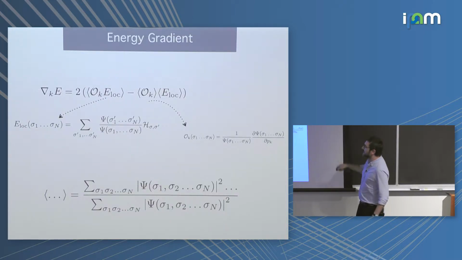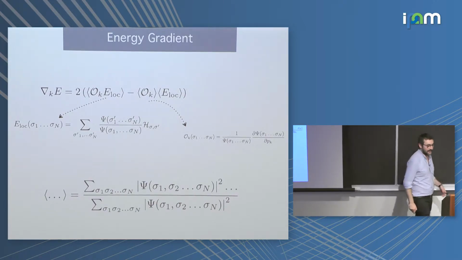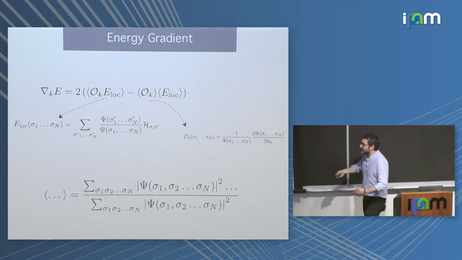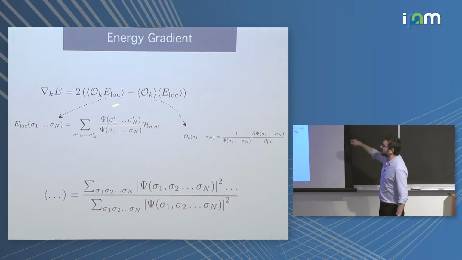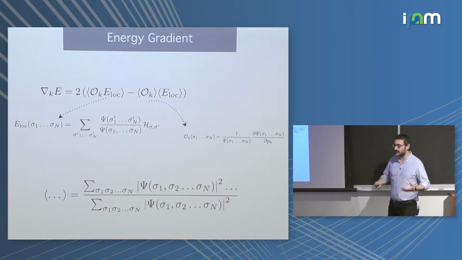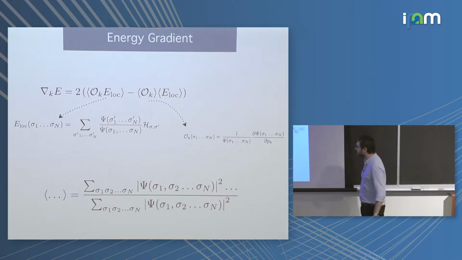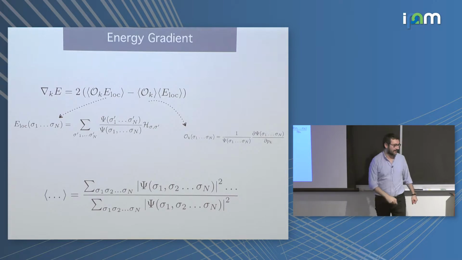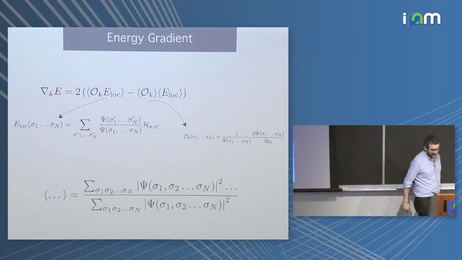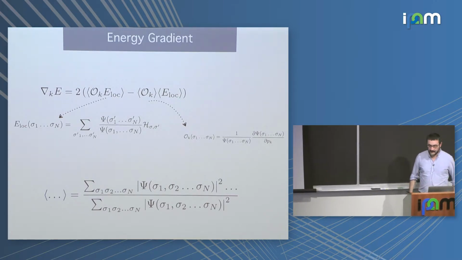But also, using the same samples, you can estimate the expectation value of the gradient of the energy, which can again be written very efficiently in terms of correlators over these samples that you've been drawing, for example, with Markov chain Monte Carlo. And what I'm defining here is nothing but the derivative of the log of the wave function with respect to my variational parameters. Are there questions here?